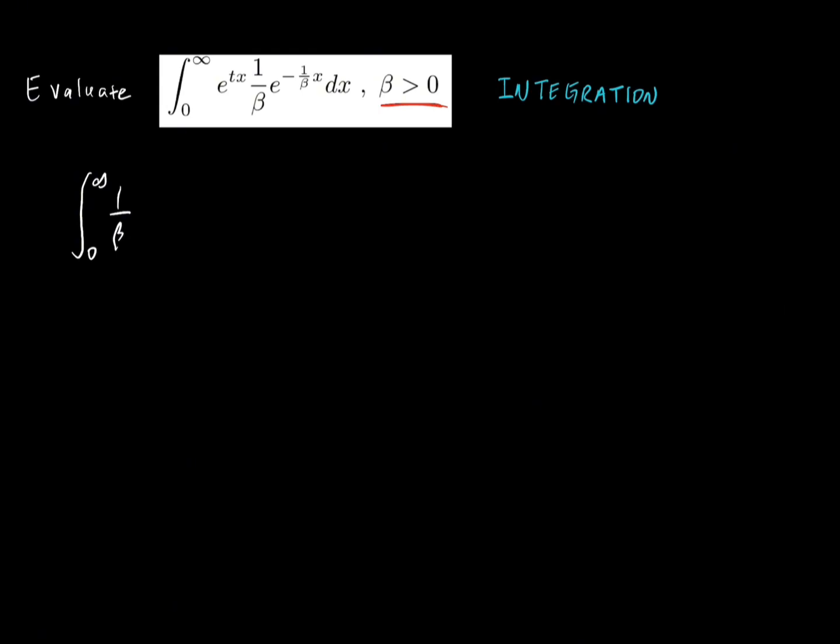We have e to the power of. Now what I want to do here is combine the e's together and factorize 1 over beta outside the brackets. So we have something like this.